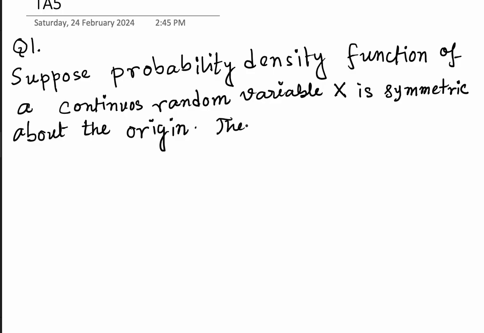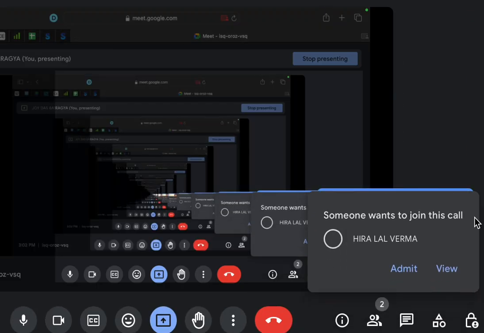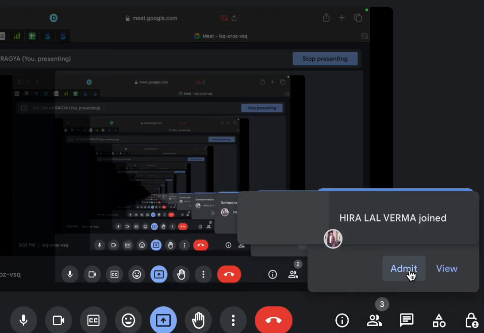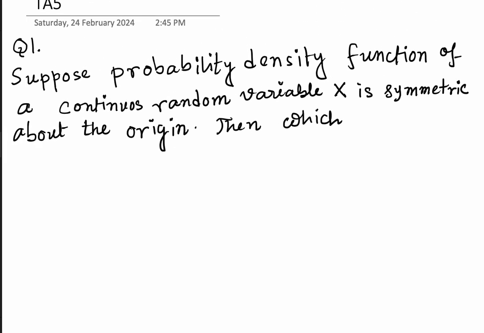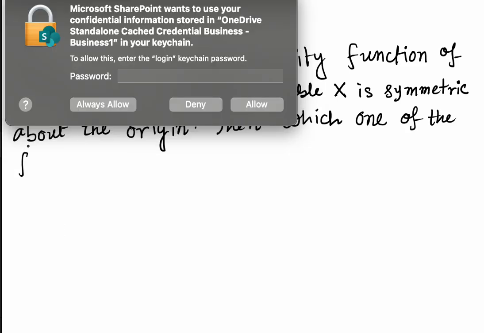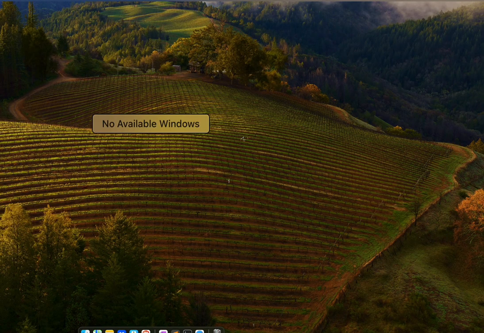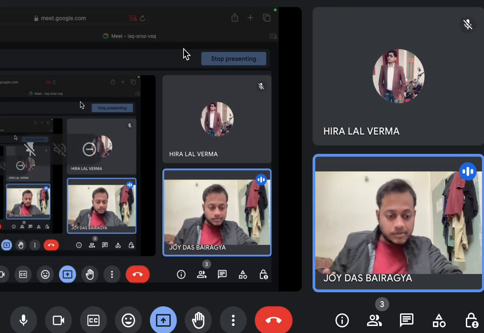Then which one of the following statements is true? My screen is visible, right?